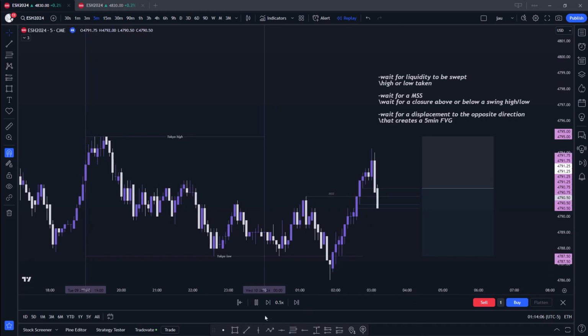Okay, at that point we've been triggered in. So let's say you were using this fair value gap, you would have been triggered in. If you're using this one, you would have been triggered in. If you wanted to pyramid as well, you would have added both. You would have been in on both of them. And then let price play out.